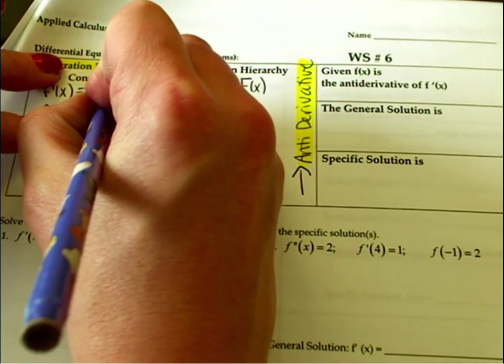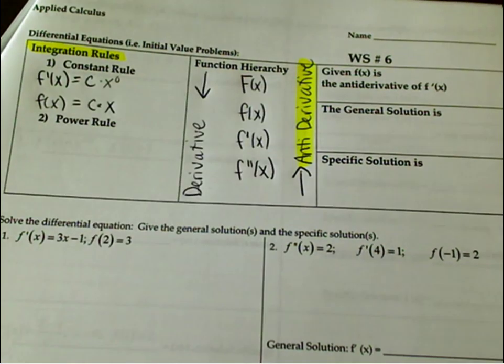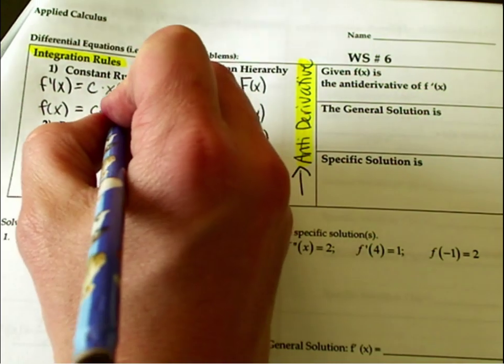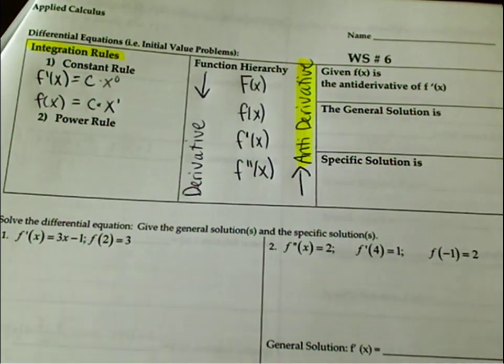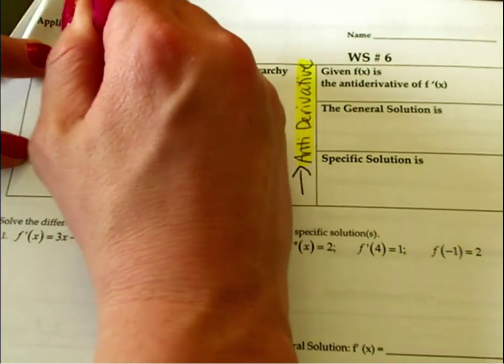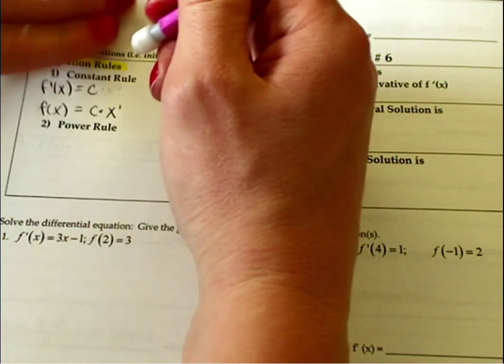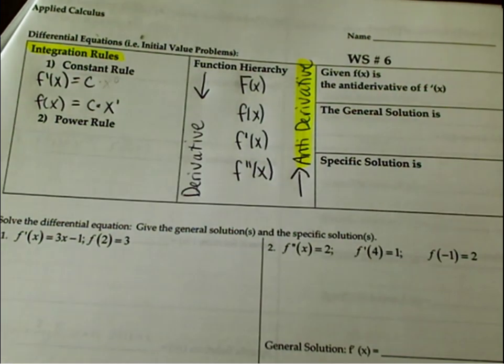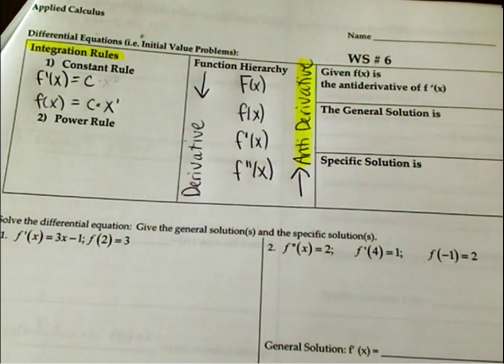This is like X to the 0, which is why the power increases to 1. But you're never going to see X to the 0 in a question. It's always just going to be a number. Okay, so I'm not going to write X to the 0, but that's what's there. The variable has a 0 power, which means it increases to a power of 1.